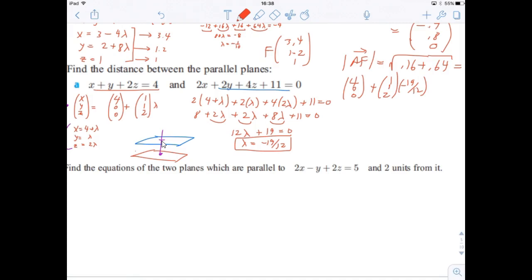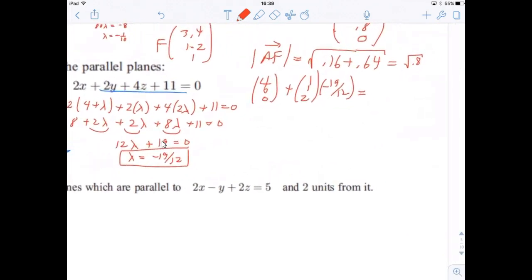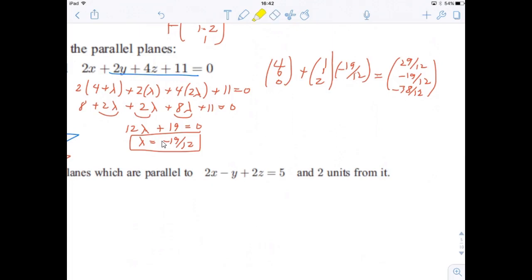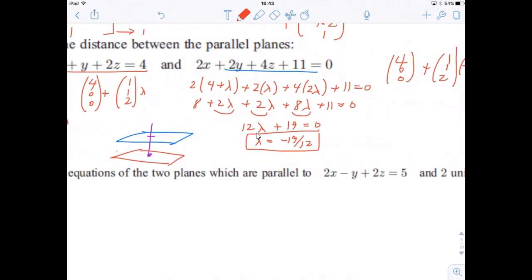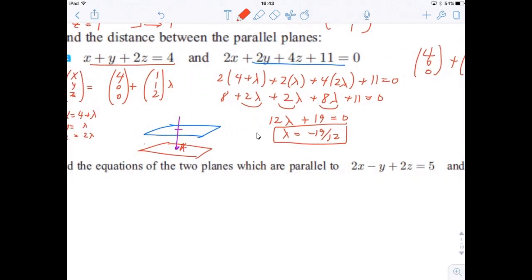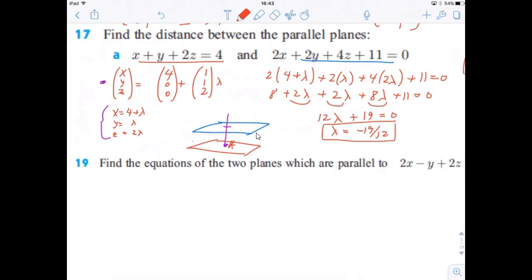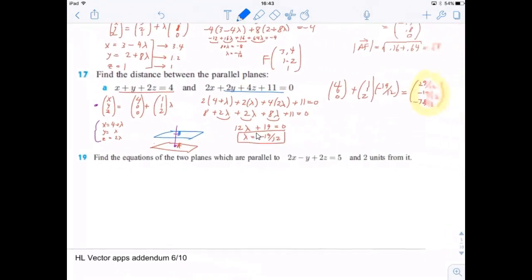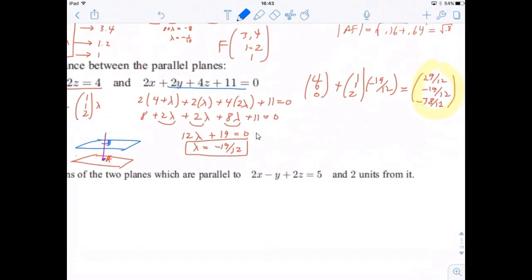And so that would be equal to this vector here. I just did a bunch of fraction addition and subtraction. Now, actually, let's call this point A, and then we'll call the other point on the blue plane B. So A is actually 4, 0, 0, right?